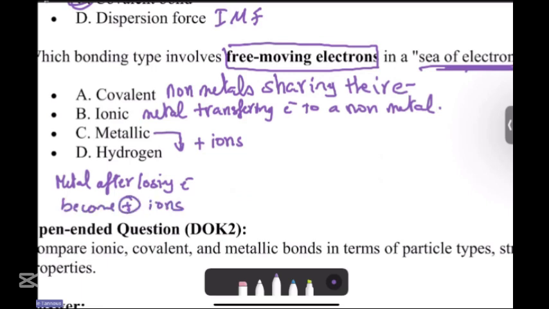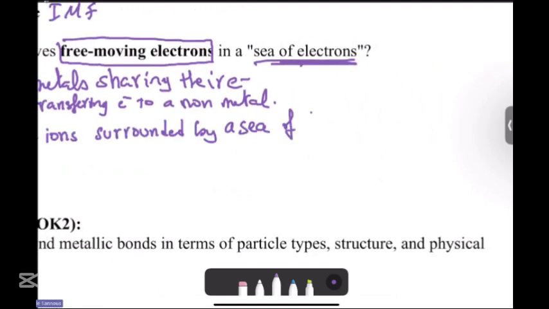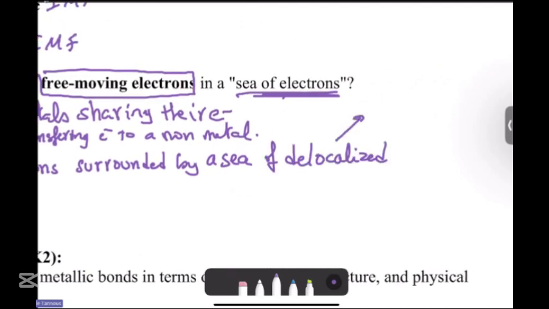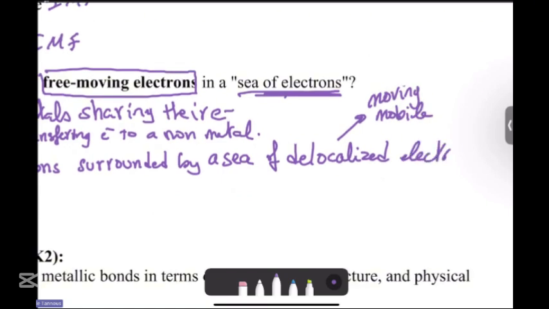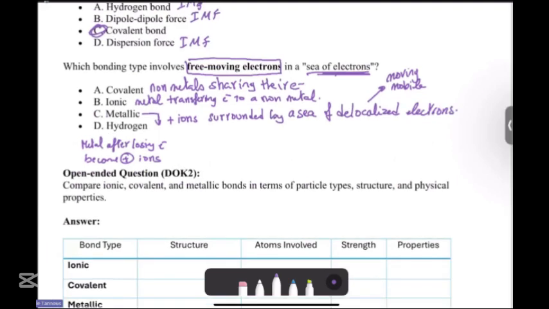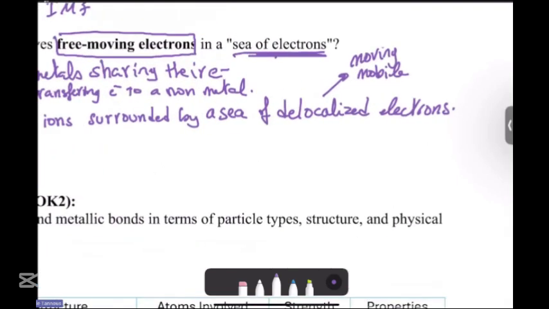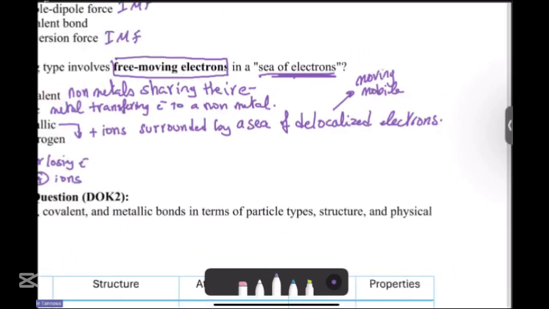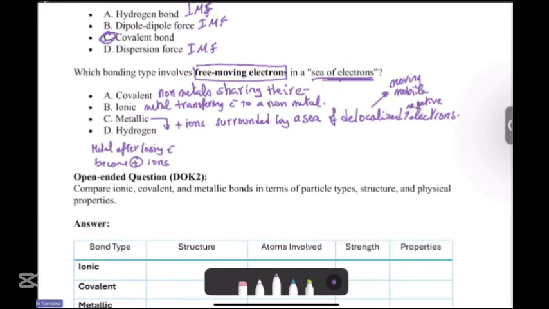So in the metallic, we have positive ions surrounded by a sea of delocalized, meaning moving, mobile electrons. We can also say negative electrons if you want, but not negative ions. We don't say delocalized ions. It's delocalized electrons.